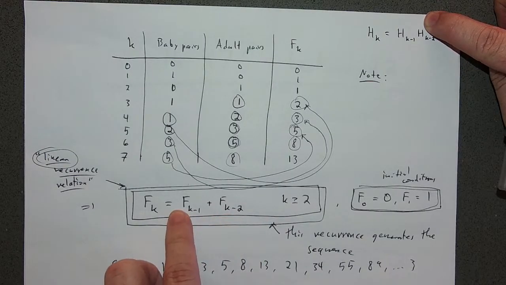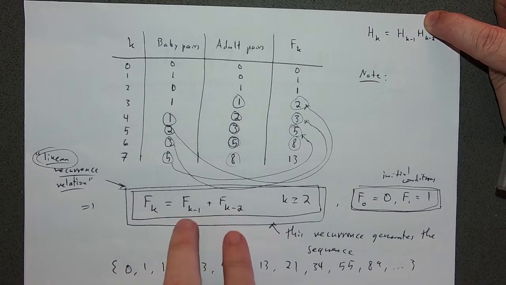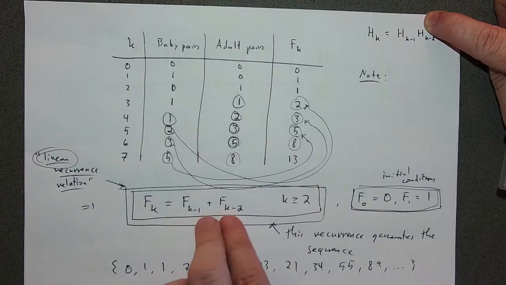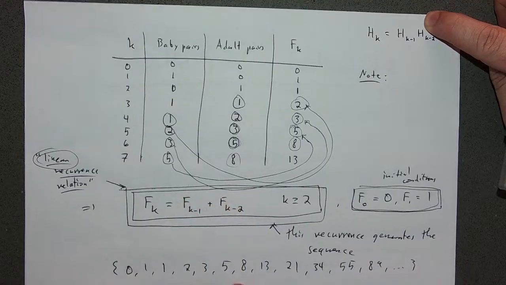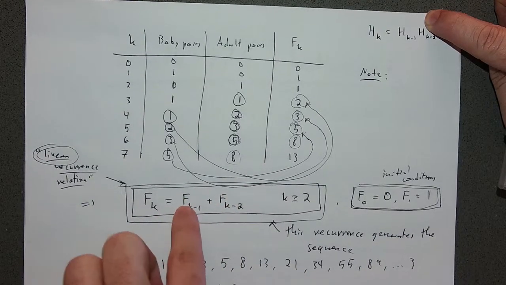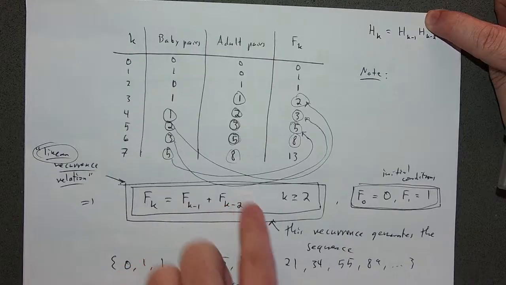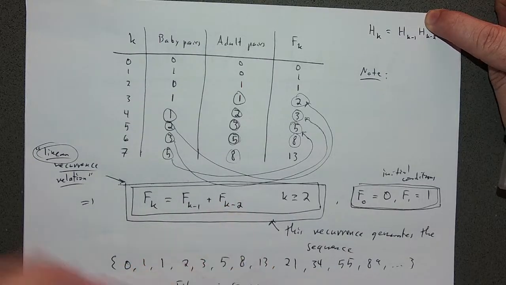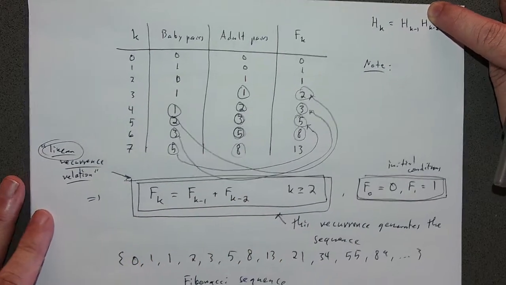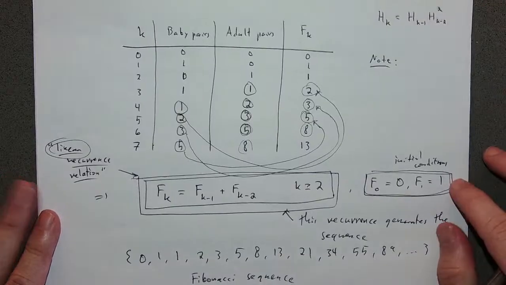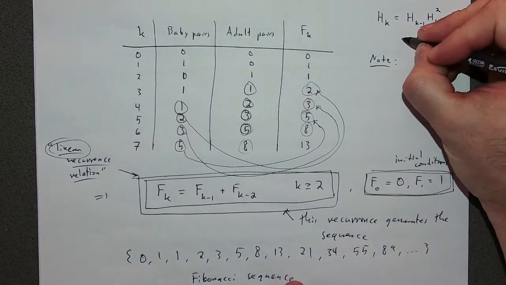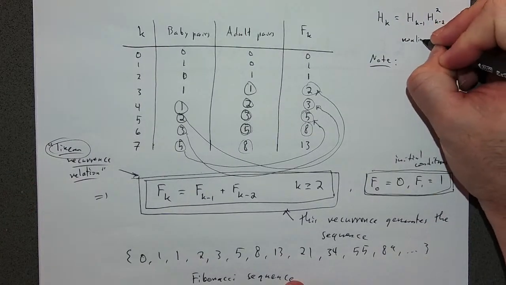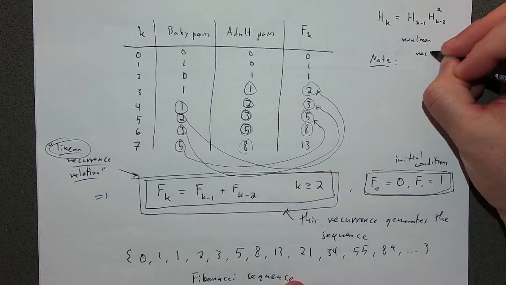Having a constant multiplying these things is fine. But having these things multiplied or raised to powers, this thing multiplied by itself, this thing multiplied by f sub k minus 3, that is no good. So that would be an example of a nonlinear recurrence relation.